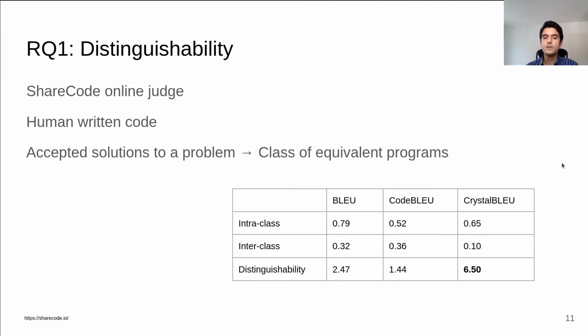And we calculate distinguishability for three different similarity metrics. One is BLEU, the other one is CodeBLEU, which was designed specifically for code, and our approach, CrystalBLEU. And as you can see, CrystalBLEU can distinguish way better than the other two.